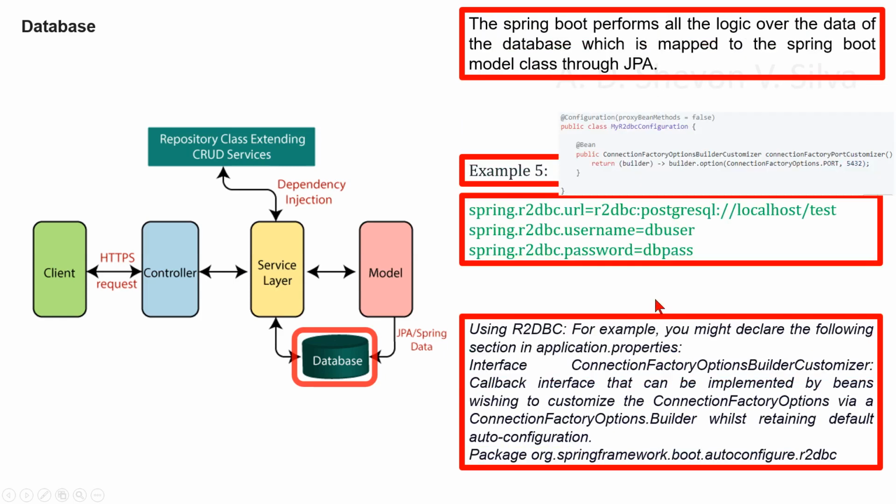Now we are considering using R2DBC. For example, you might declare the following section in application.properties.